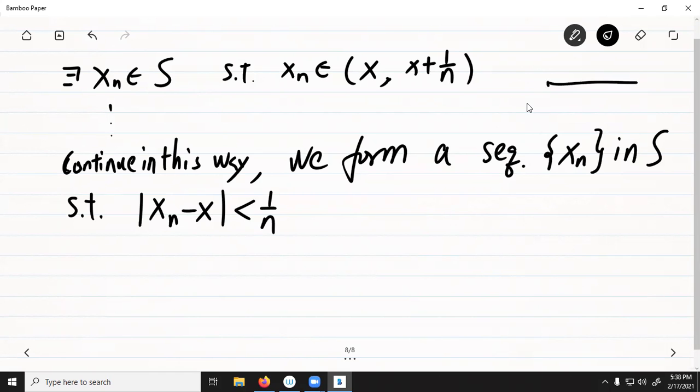The reason is here is x and here is x plus 1/n, so the length of this interval is 1/n. If xn is here, the difference, the distance, is less than 1/n. This is true for all n.